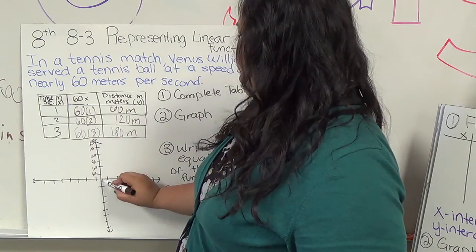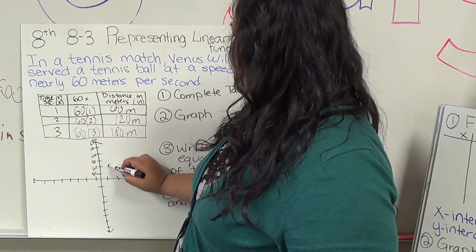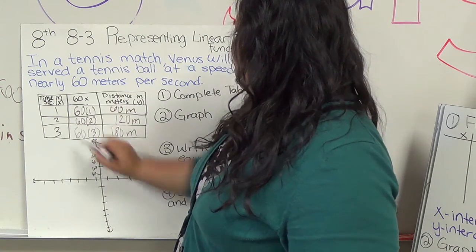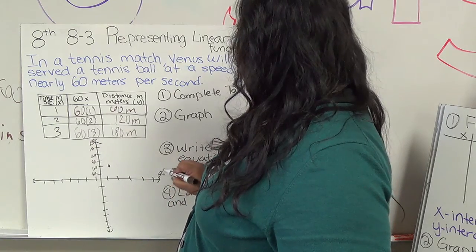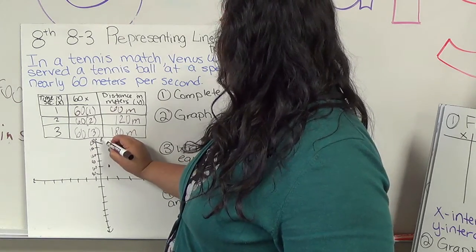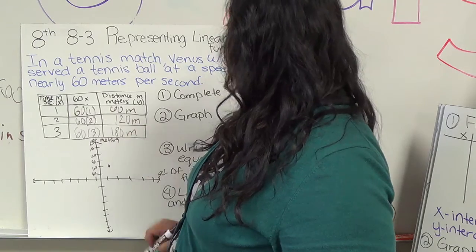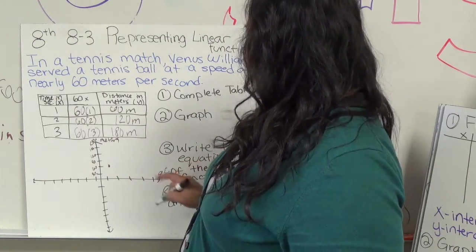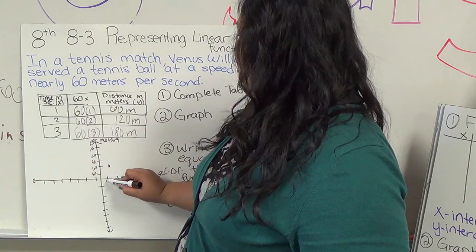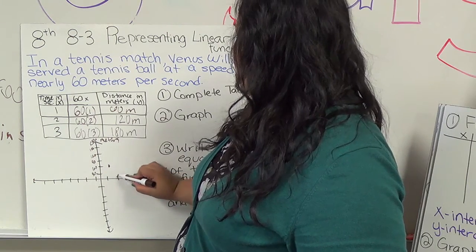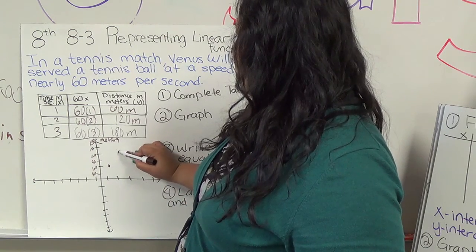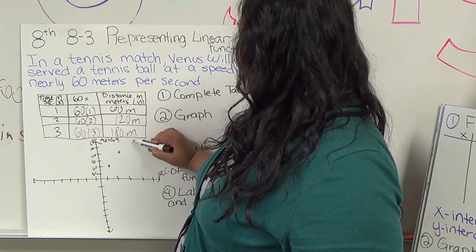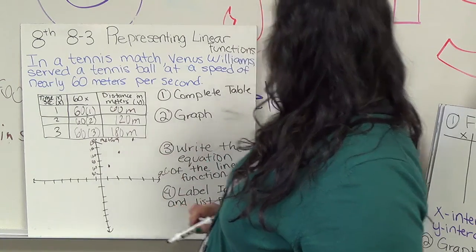So the first one is 1 to 60, then 2 seconds, so my x is seconds, and my y's are meters, right? Seconds, meters. So then I go 1 second, 60 meters, 2 seconds, 120 meters, 3 seconds, 180 meters, right?